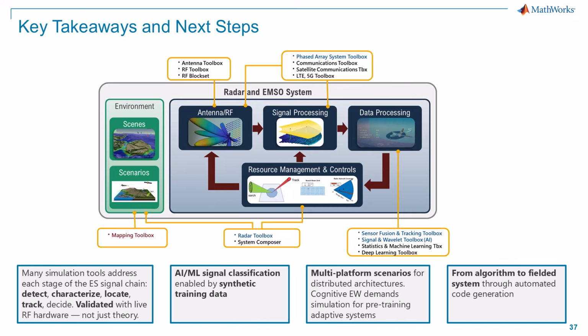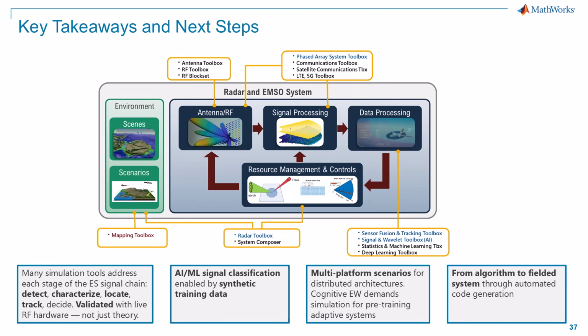Signal processing with Phased Array System Toolbox, Communications Toolbox, and Radar Toolbox. This is where your DF algorithms live. Data processing with Sensor Fusion and Tracking Toolbox for tracking and fusion, supported by Statistics and Machine Learning Toolbox, and Deep Learning Toolbox for the AI-driven classification we discussed. And resource management and controls, closing the loop.